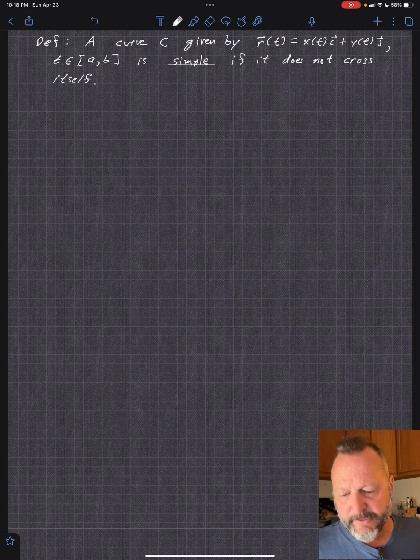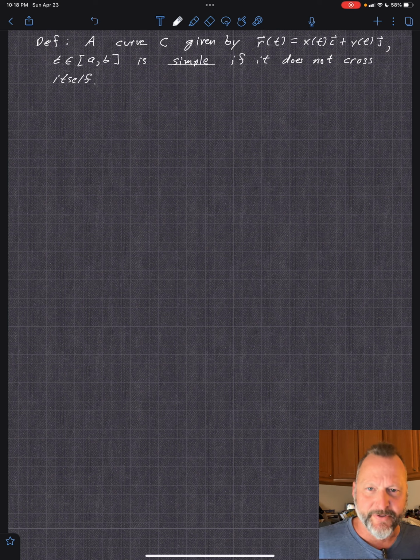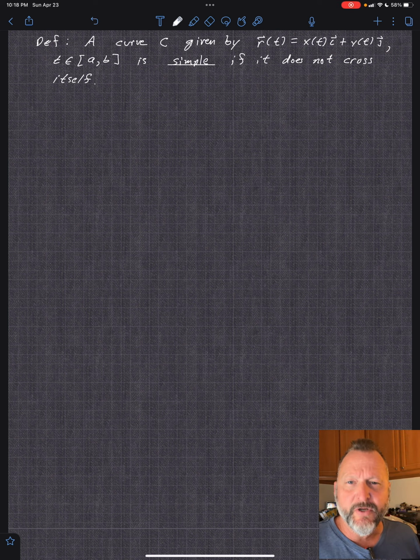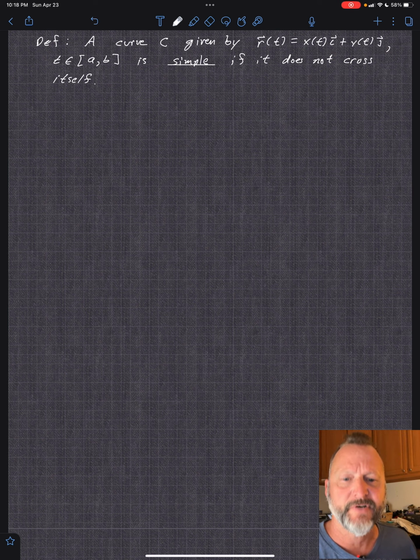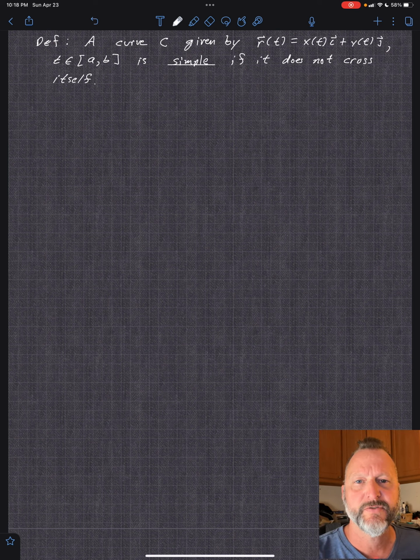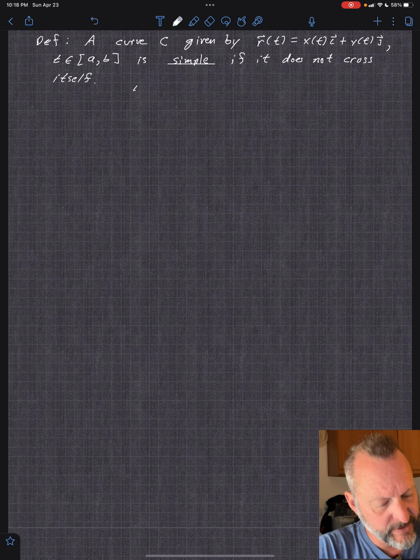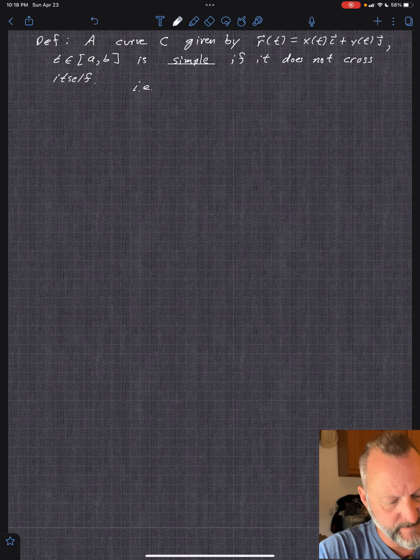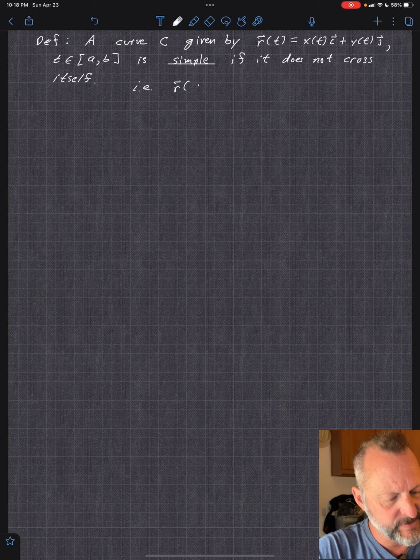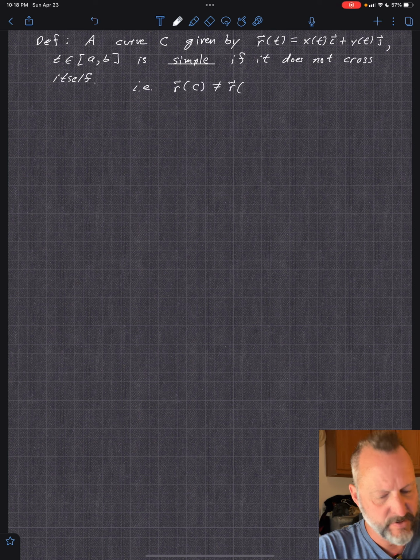Okay, so one thing, this isn't really part of the Calc 3 stuff, but how would you define that? How do you define something that doesn't cross itself? It's worth talking about on an interval. So we'll say that is, i.e., r(c) does not equal r(d) for all c, d in [a, b].